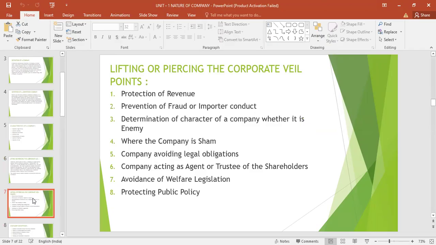Some of the important points I am going to highlight here. The first important point about lifting or piercing the corporate veil is protection of revenue.